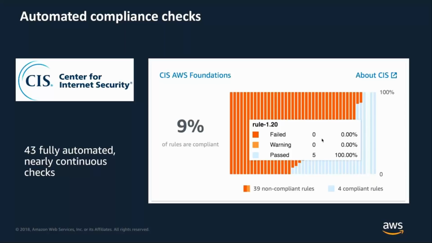Failed means simply that there was evidence that that particular rule wasn't satisfied based on our config checks. Warning means that something isn't configured properly. So that might be you haven't properly set up AWS Config yet, which is a dependency for a number of our compliance checks.